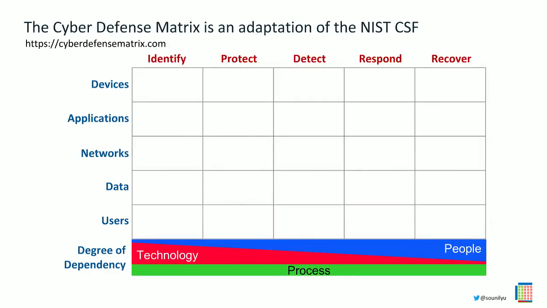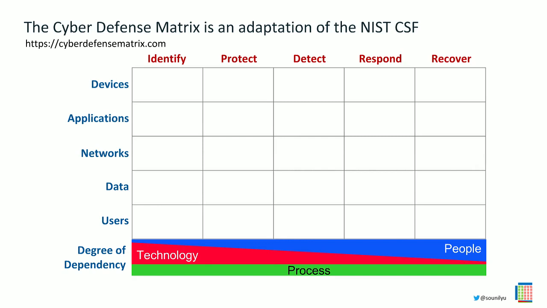I originally created the Cyber Defense Matrix, which is what you're seeing right now, to organize cybersecurity vendors, and it's been extremely useful, and it's served in many different ways to address a number of different use cases.